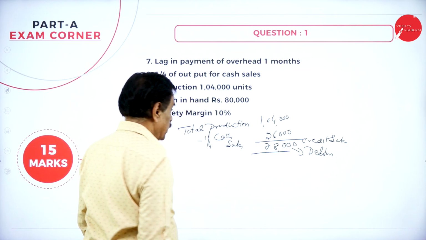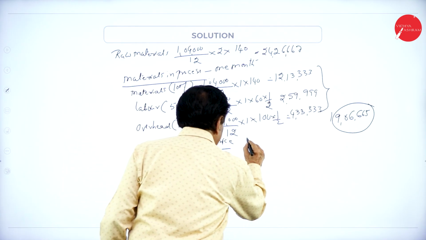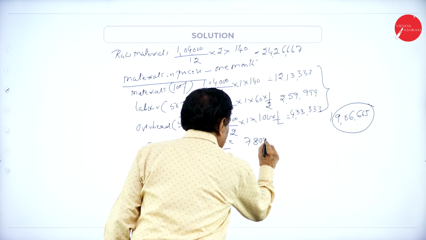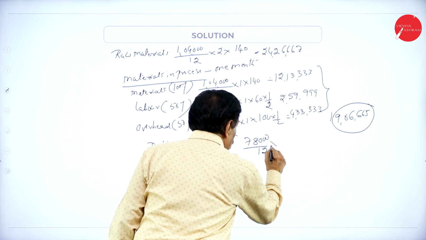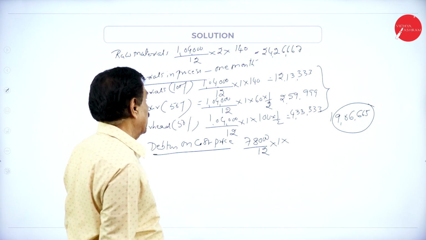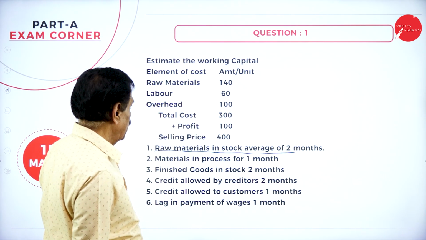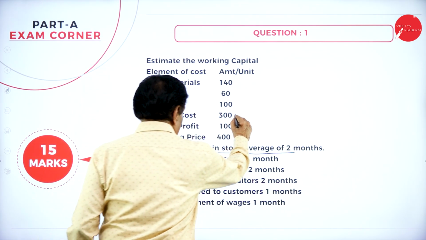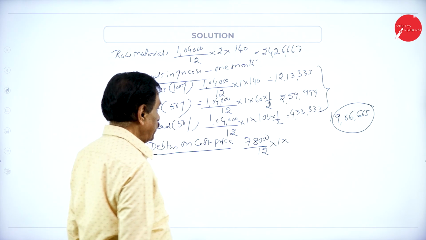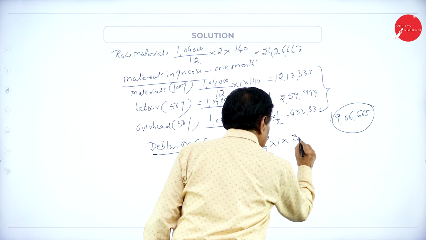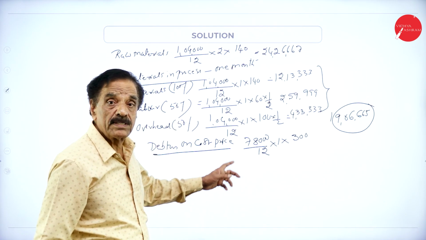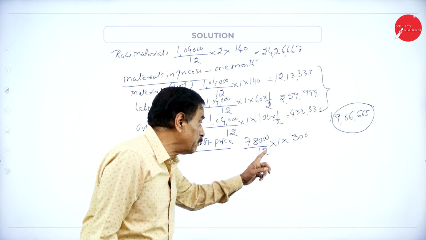So debtor 78,000 divided by 12 into 1 month into cost price. Your cost price is, what's your total cost? 300. 78,000 is a credit sale divided by 12, 1 month credit.